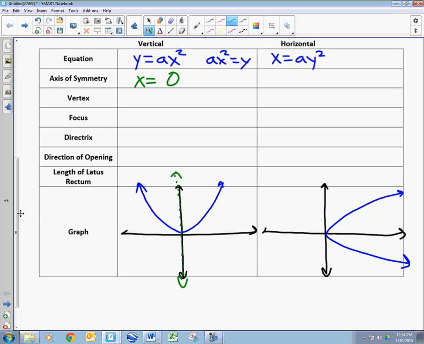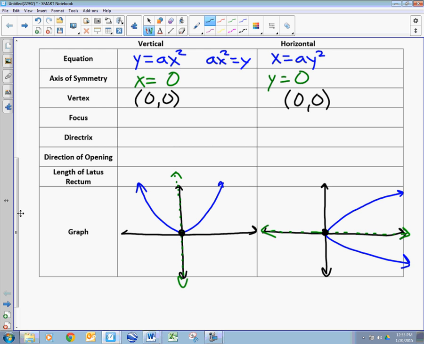If it's horizontal, then a horizontal line divides it in half. Is that equation x equals or y equals? Y equals 0 divides that in half. In both situations, the vertex is located at 0, 0. So these are kind of the parent functions. We will shift these around, but that'll be at a later time.